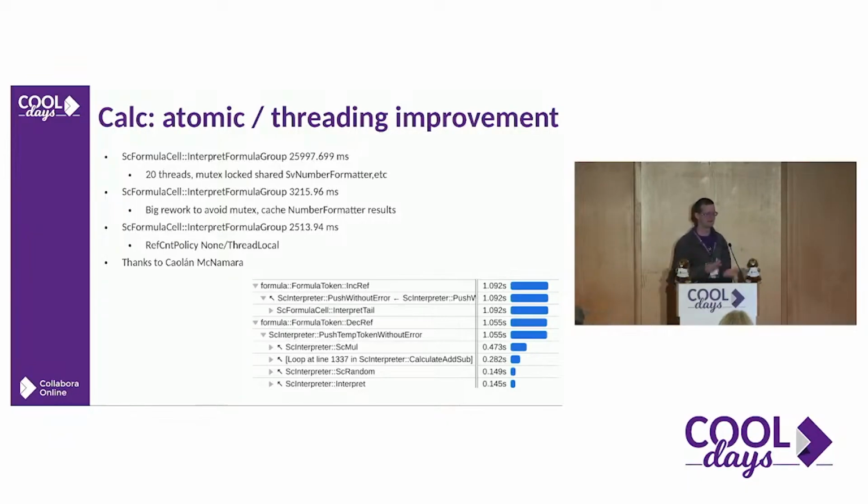But it turned out that there was this shared number formatting which turns your integers to some string that can be painted on the screen. And it turns out that that was a big slowdown, to the extent that actually trying to thread something slowed down the entire process. So that kind of kills the whole idea around threading. So with a series of changes from Kelon, we now have quite a good story there. It actually makes sense to thread large spreadsheets because it is noticeably faster that way.